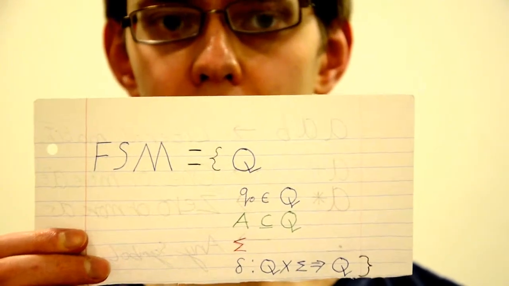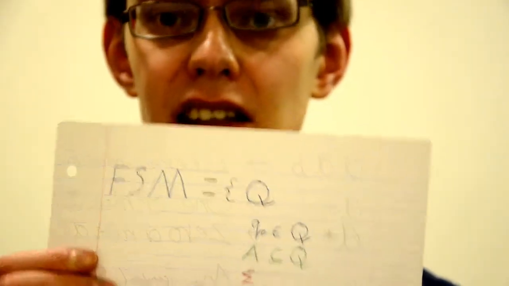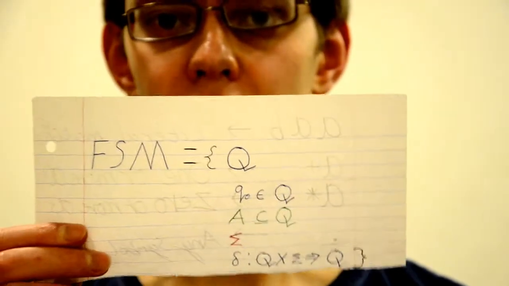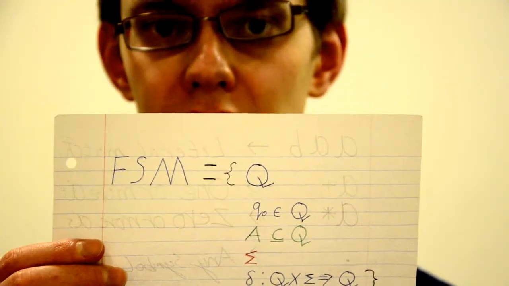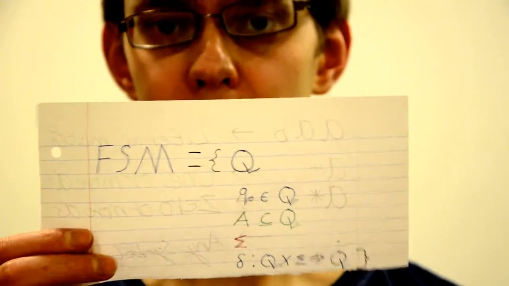Then there is the alphabet, which is the set of symbols, in this case characters, from which the languages that the automata may accept or attempt to recognise can be built.